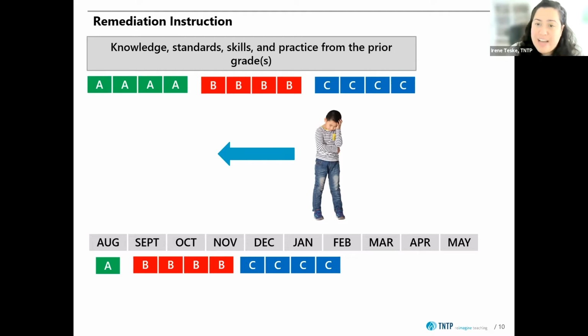And what we see happens here is that instruction at this point, there's a great amount to cover, and instruction can begin to feel incoherent for students because this structure implies that they're constantly looking back, and it implies this idea that in order to accomplish and learn new content, all old content has to be mastered.